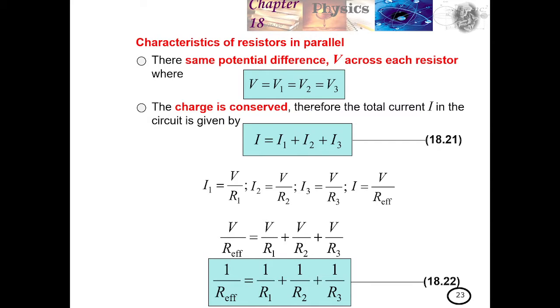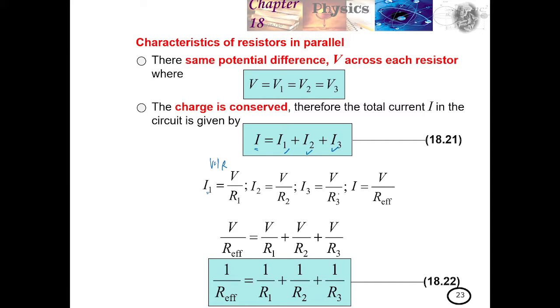So the charge is conserved, therefore the total current I is the current before it was separated by the junction, which equals I1 plus I2 plus I3. I1 is V over R1, since V equals IR, which came from Ohm's law, so I equals V over R. I2 equals V over R2.